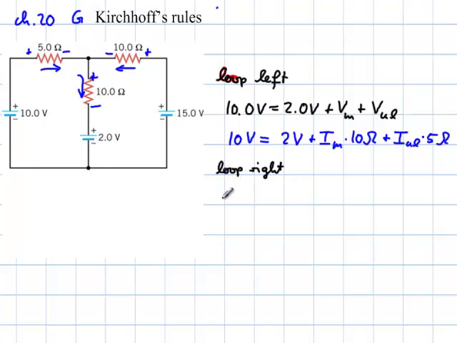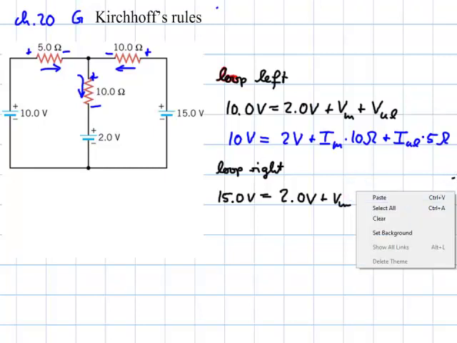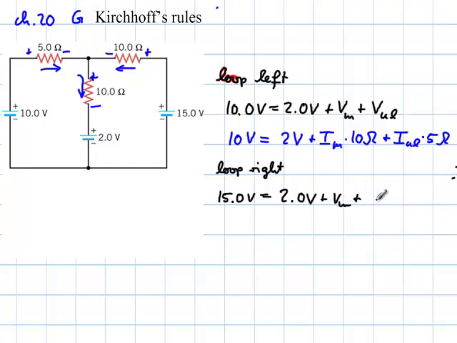So I'm going to have 15.0 volts equals, let's see what this one is, oh yeah, there's the 2.0 volts, plus the voltage in the middle, plus the voltage in the upper right.